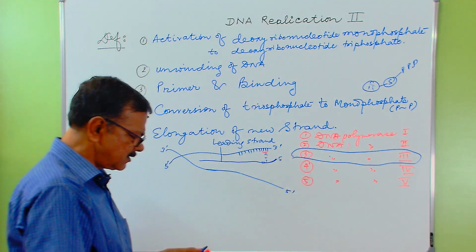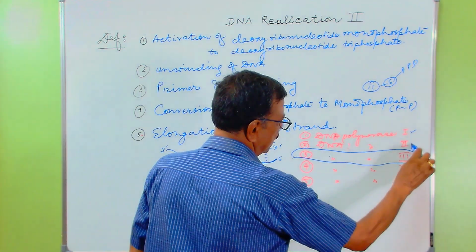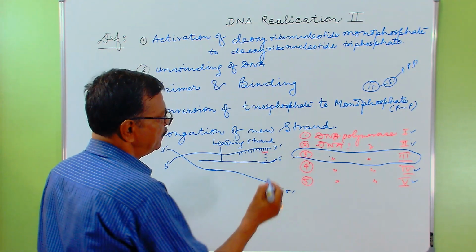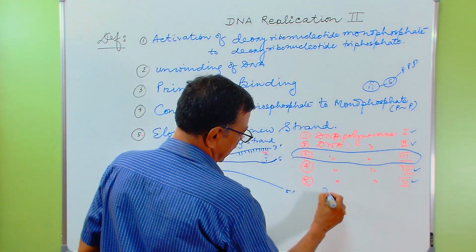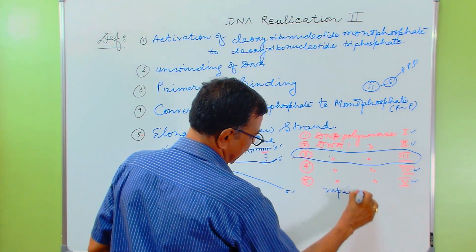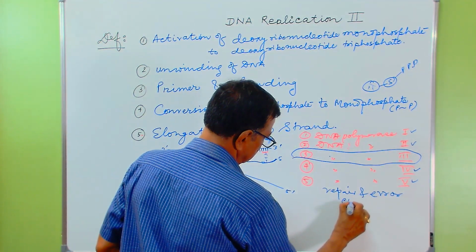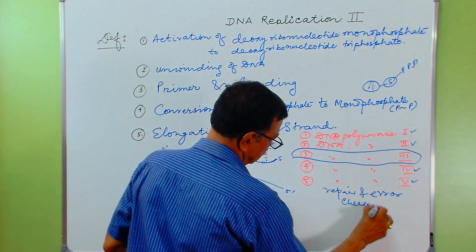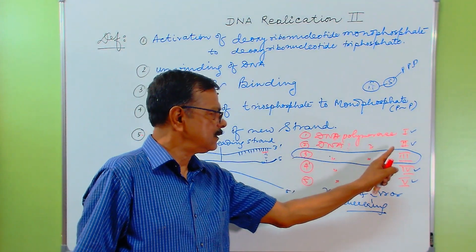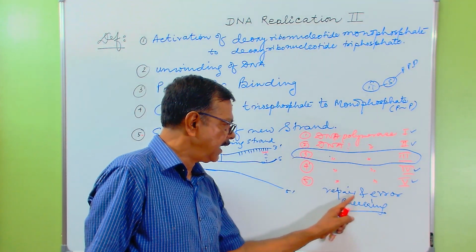And what are the functions of the others? DNA polymerase 1, 2, 4 and 5 are meant for repair and error checking.